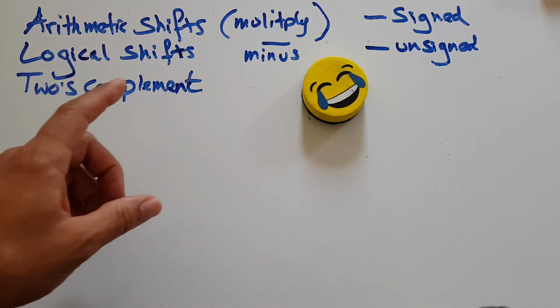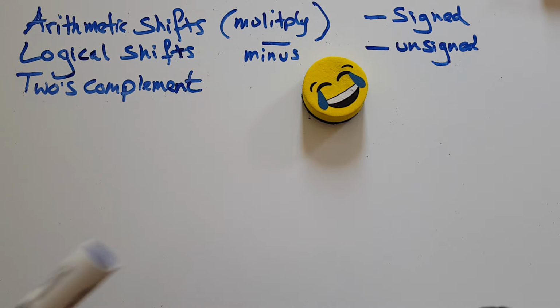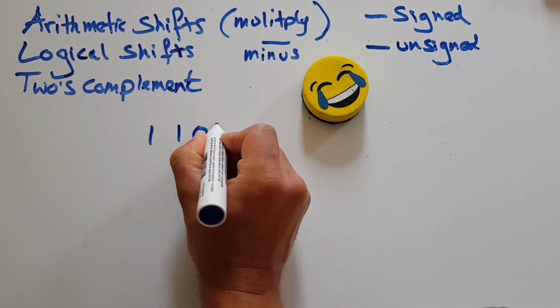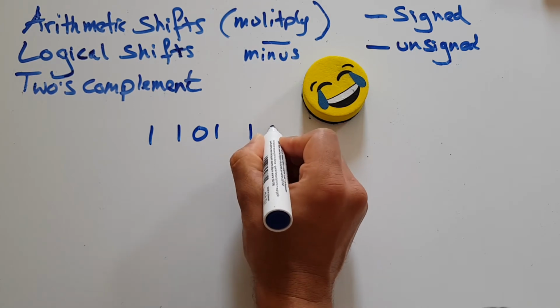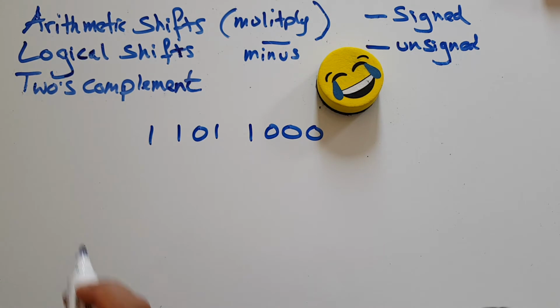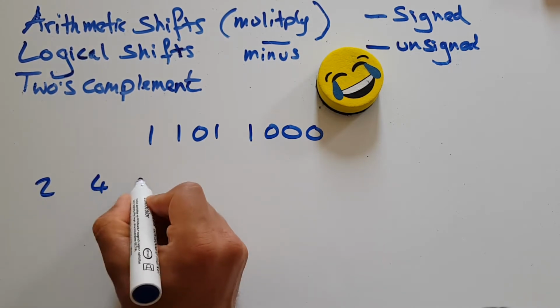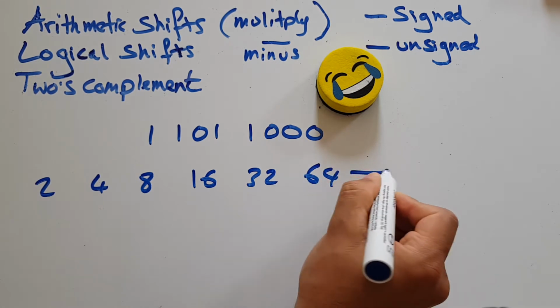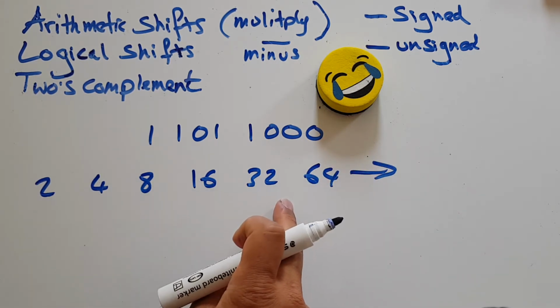They both allow you to multiply a binary number, like for example 11011000, by any of these numbers: 2, 4, 8, 16, 32, 64, and so on. And what are these numbers specifically?